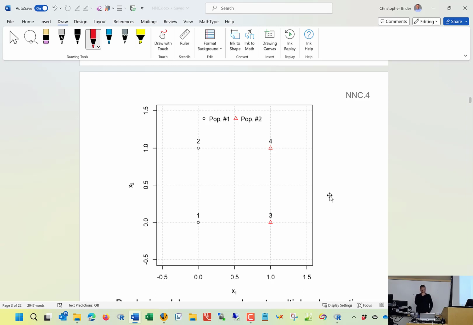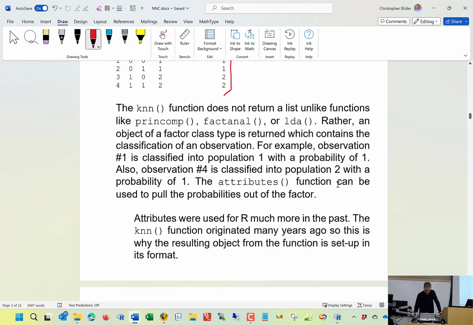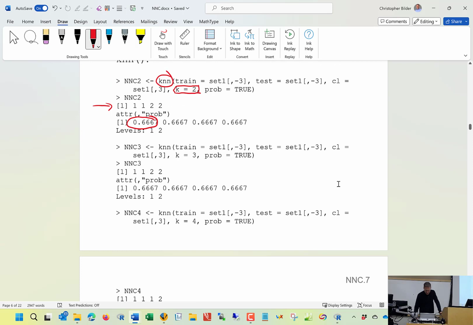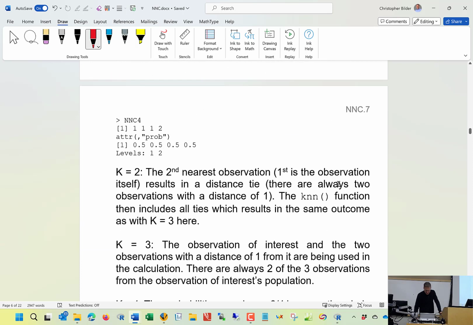Let's see. Let me just take a quick look at that. Just a second here.